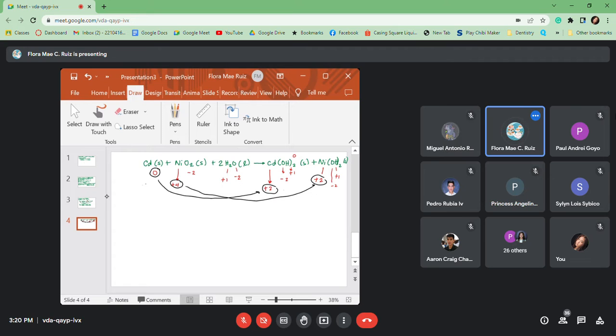Thus, your Cd atom loses electrons. By definition, when you lose electrons, your Cd atom is oxidized. And next, because it is oxidized, it is then what we call our reducing agent.